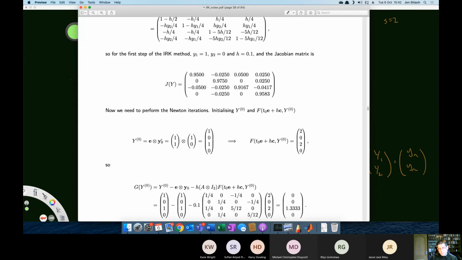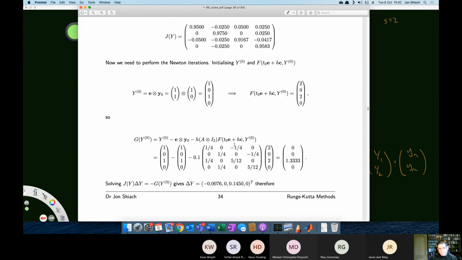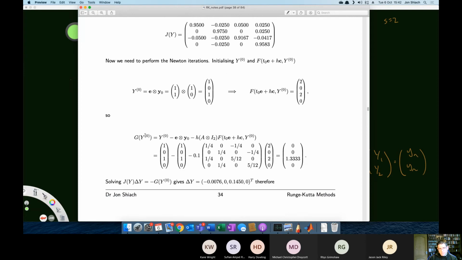We need a starting value for big Y, so we tensor product with y0, and that gives us this if we calculate the function. Then calculate G for our first guess value for Y. So that's all of this. Plug it into MATLAB. It's too much brute force calculation to do by hand.